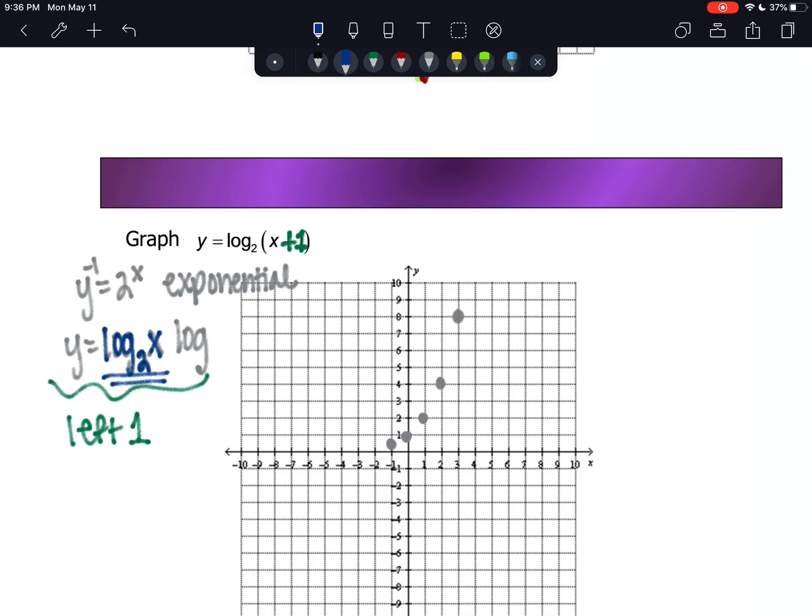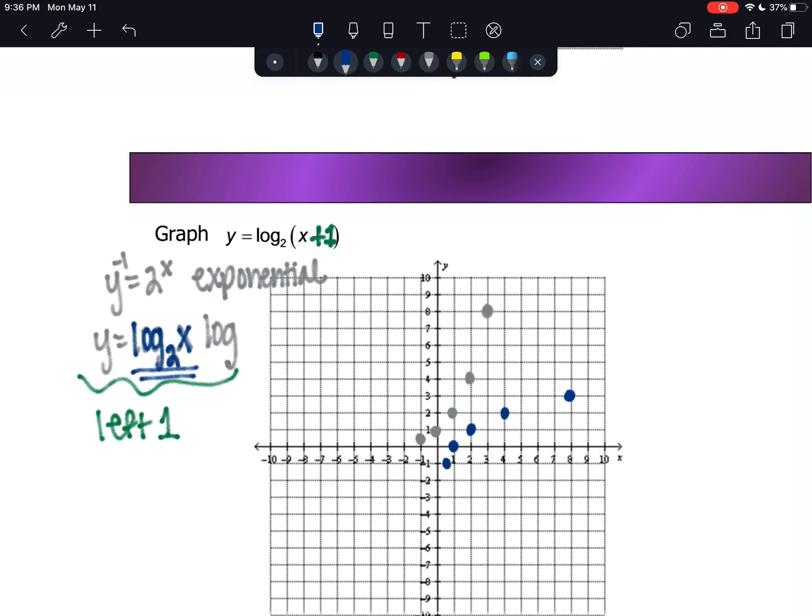So I'm going to plot the inverse by reversing my inputs and outputs. (-1, 1/2) means (1/2, -1). (0, 1) means (1, 0). (1, 2) is (2, 1). (2, 4) becomes (4, 2). And (3, 8) becomes (8, 3).